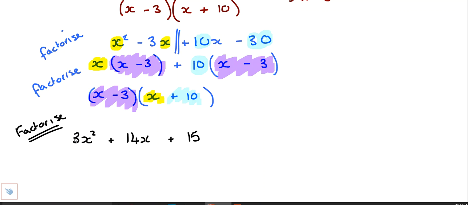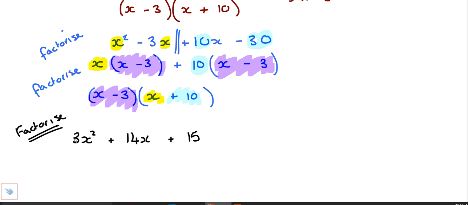So in the black one, what's unfortunately no longer true is that I can no longer use the rule that says two numbers multiply to make 15 and add to make 14. That no longer works. Alright?